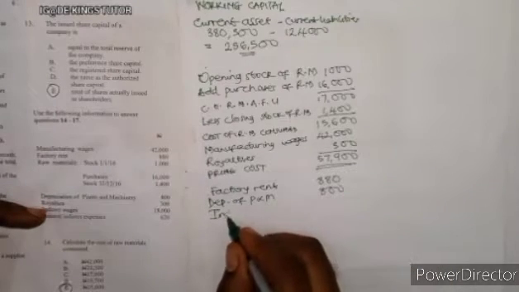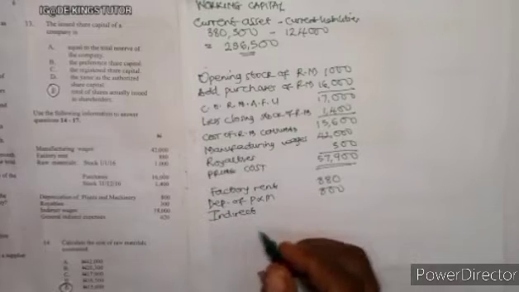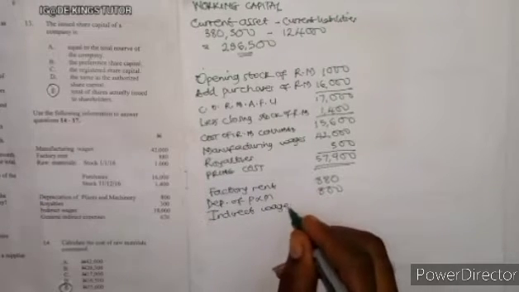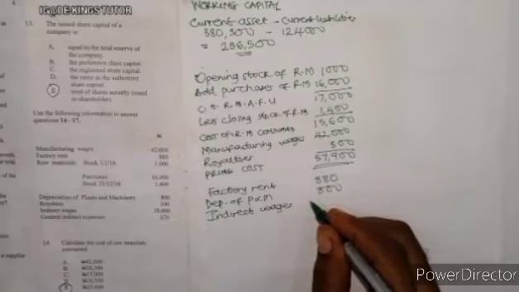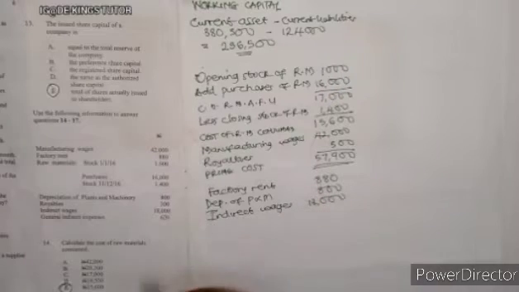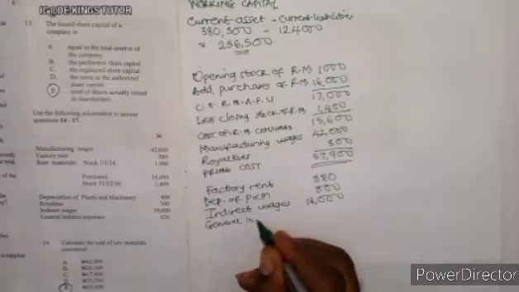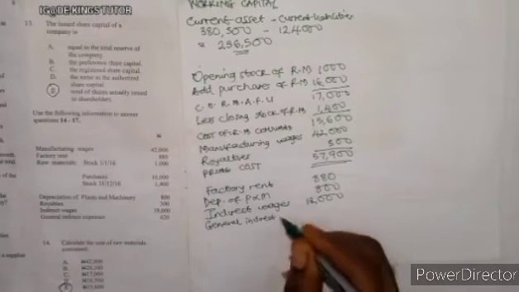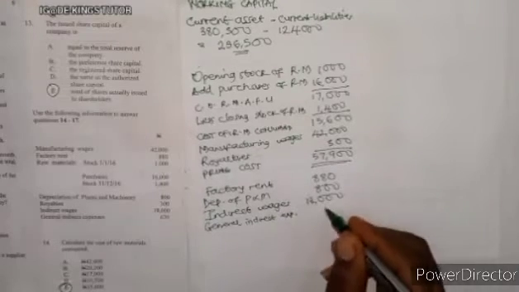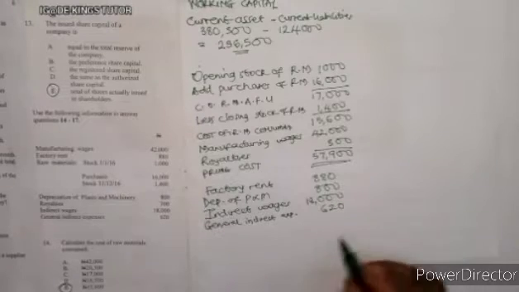Indirect wages 18,000, and general indirect expenses 620.